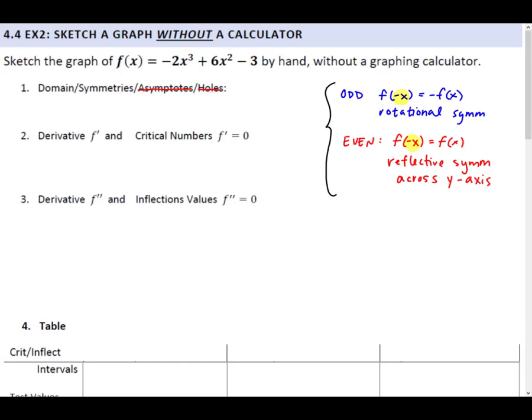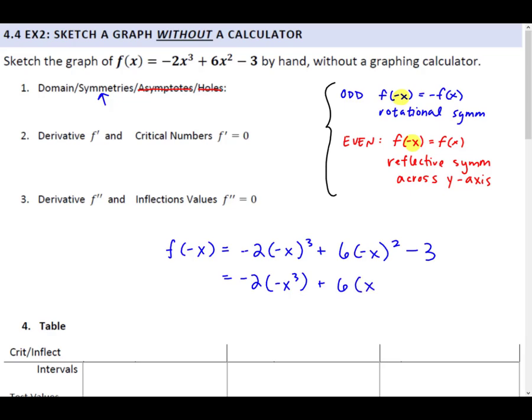So in this situation, when I go to check that symmetry, I'm going to say f of negative x is negative 2 times negative x cubed plus 6 times negative x squared minus 3. That's negative 2 times negative x cubed, plus 6, and that becomes positive x squared, minus 3.